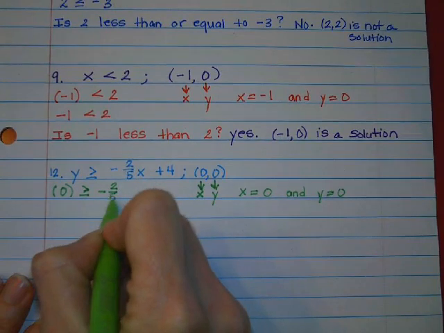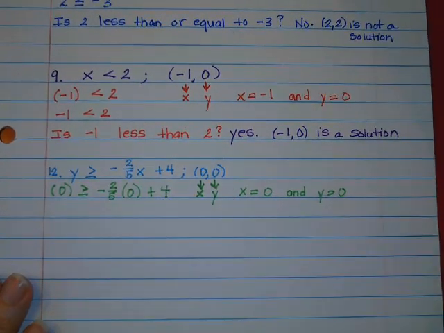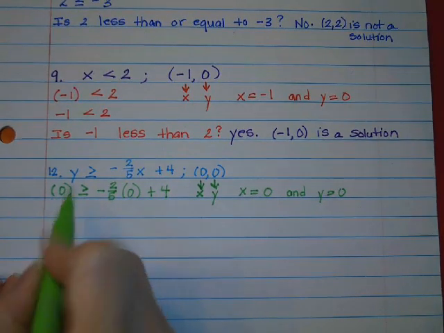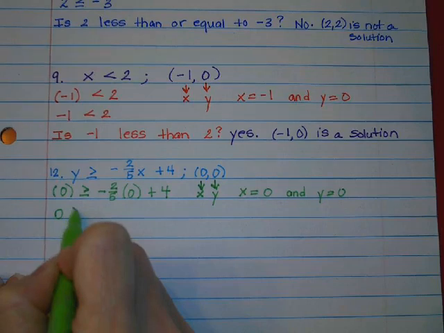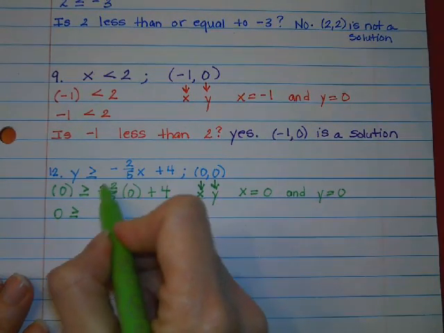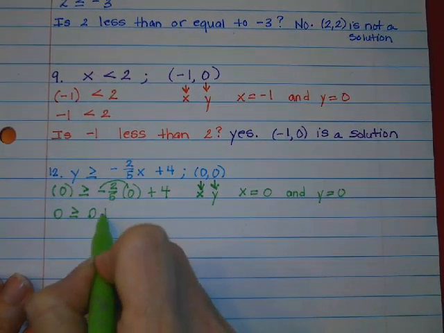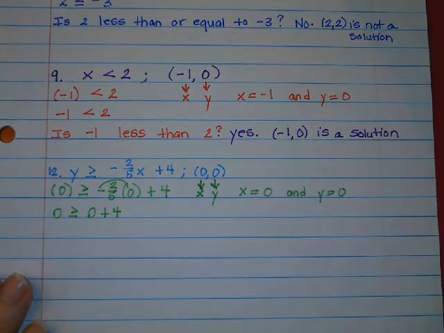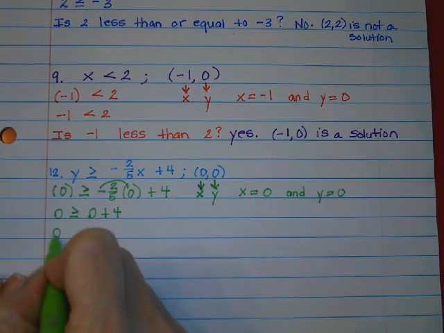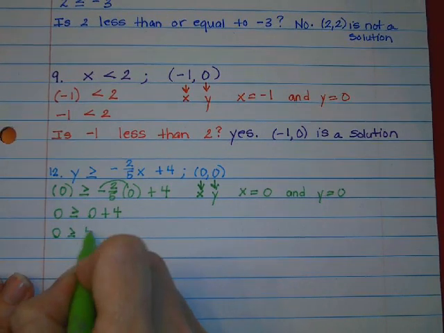Negative 2 over 5 times 0 plus 4. There is no value in front of our 0 to multiply it by, so we just leave it 0. Our greater than or equal to symbol will distribute. Negative 2 over 5 times 0 is 0 plus 4. We'll keep our 0. Greater than or equal to 0 plus 4 is 4.